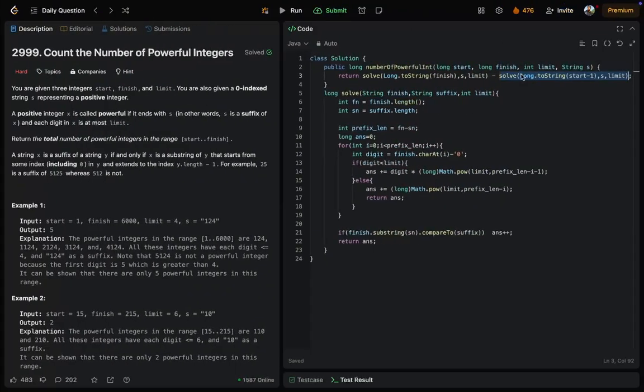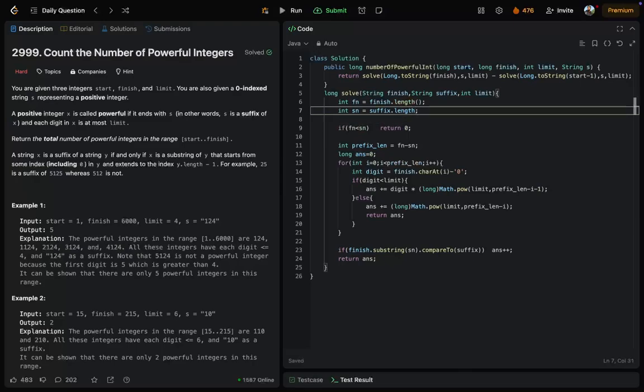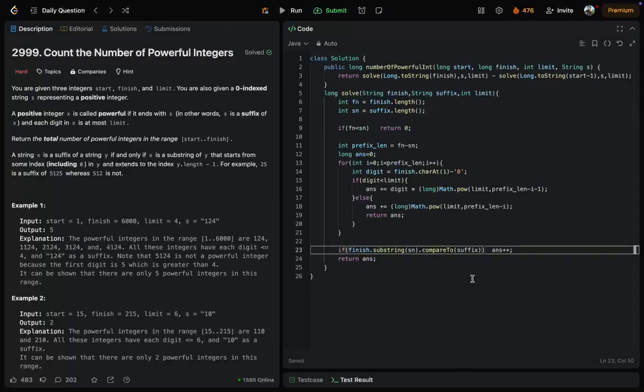If I am passing this start minus 1, my finish will get some length. If my finish length is less than my suffix length, I cannot create any value, right? And I observed this thing, my start length, and that's all. Yeah, this is less than, yes.